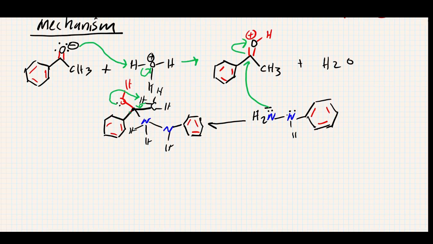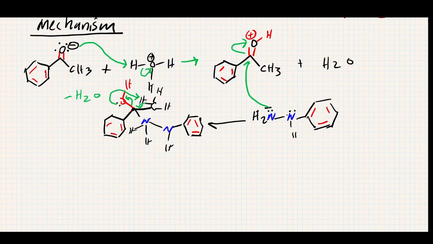Once that bond is formed, this bond connecting oxygen and the carbonyl carbon would disconnect. So this would disconnect this bond towards oxygen. So this water will leave. So we have H2O minus from this.